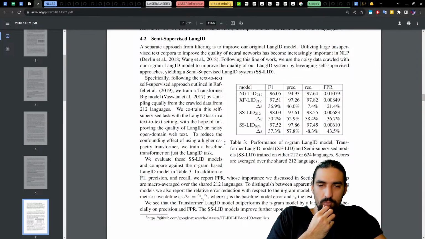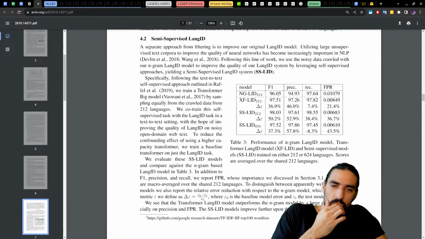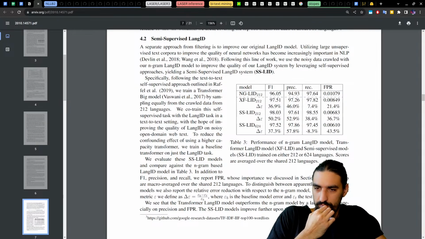In addition to F1, precision, and recall, we report false positive rate, whose importance was discussed in section 3.1. All values are macro averaged over the shared 212 languages. To distinguish between apparently well-performing models, we also report the relative error reduction with respect to the Ngram, which for an error metric we define as the delta in baseline model error over baseline error.